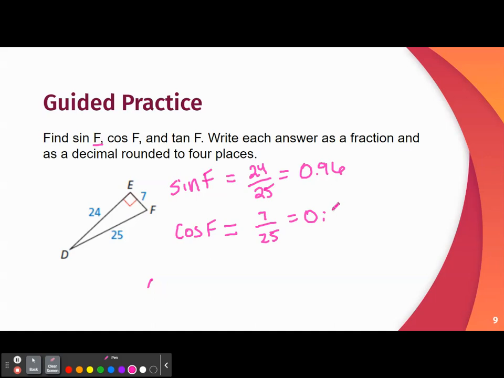Perfect. And Kyle, what did you and your partner get for tangent of F? 24 over 7. And what is that as a decimal rounded to 4 decimal places? 3.4286. Perfect. All right, what questions do you have for us before we move on to the next one?